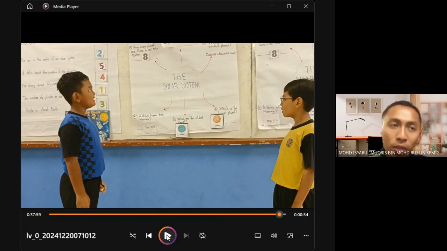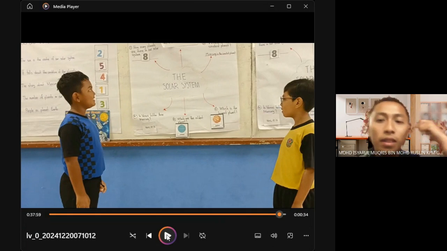So the second item is mahjong paper. This proved to be a versatile tool for group work. It allows students to visualize their understanding of the solar system and collaborate effectively. The large surface of the mahjong paper encouraged creativity as the students or the teacher could draw, write, and share ideas freely on the mahjong paper.